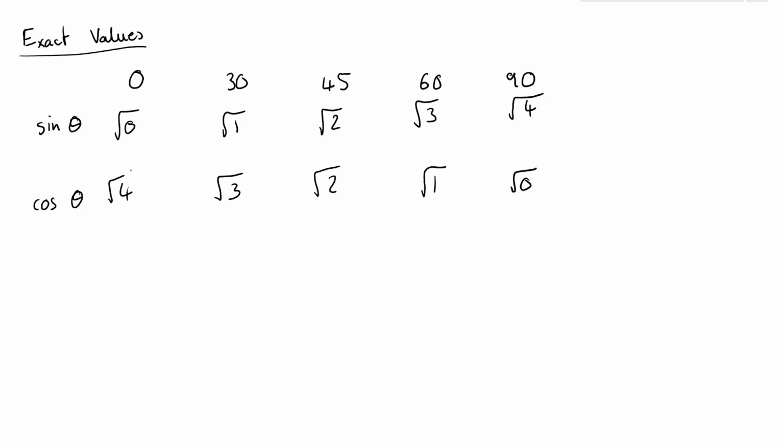But just as a method of working these out from basics, we just number them 0, 1, 2, 3, 4, and then cosine comes backwards, 0, 1, 2, 3, 4. We square root all the numbers and then divide everything by 2. And these give us the exact values.